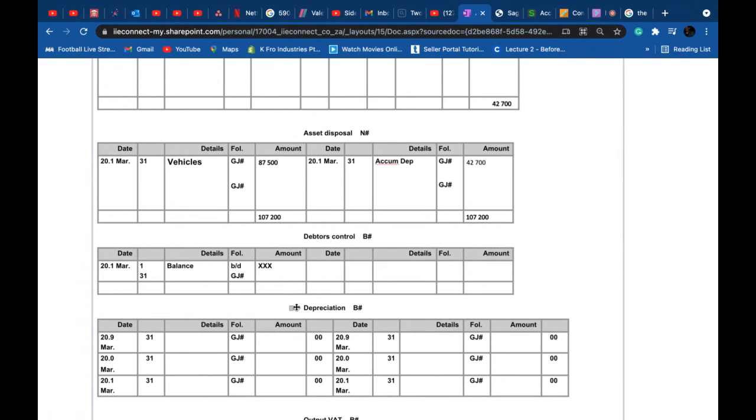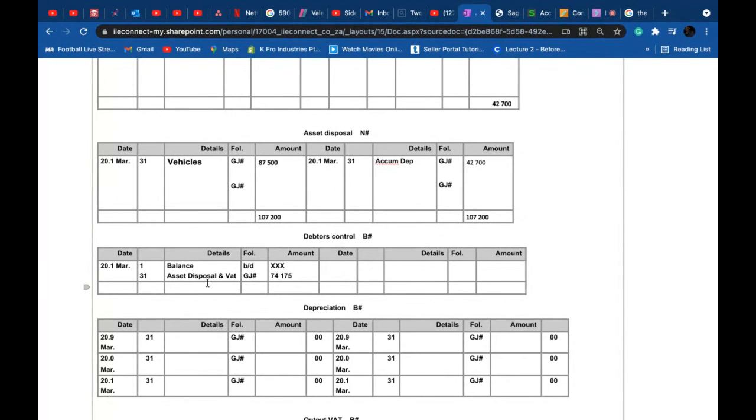So what are we going to say? We are going to say asset disposal and VAT, those are the contra accounts. And remember we sold this thing for, in the book it says, 74,175. That's all we need to do there.